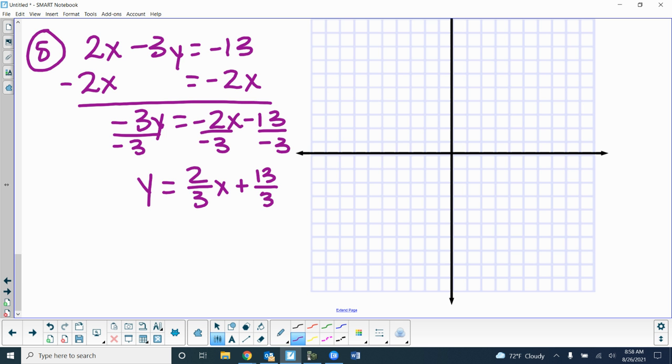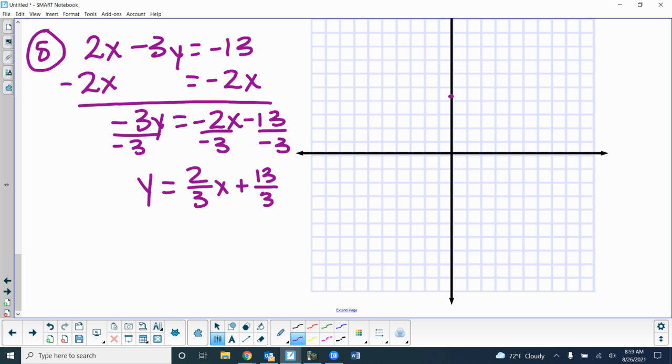All right? So 13/3, this 13 divided by 3 is 4.3 repeating, 4 and 1/3. Okay? That's my y-intercept. I go up 1, 2, 3, 4, and a little bit past. There's 4 1/3. Okay? My slope is 2/3. Rise 2 and run 3. Okay?